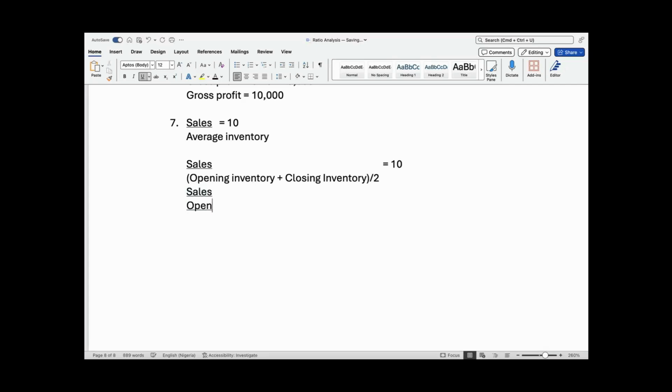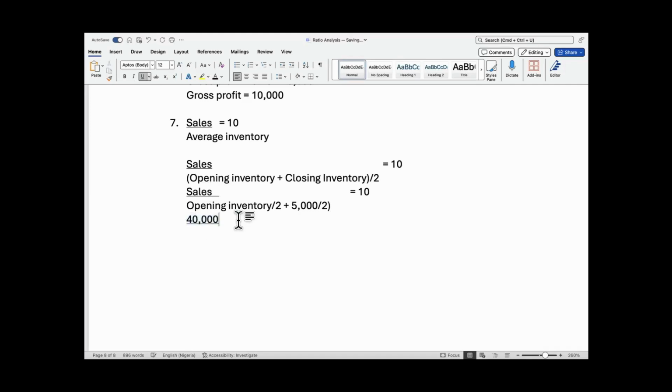And this can become opening inventory divided by 2 plus our closing inventory given us as 5,000 divided by 2. Let's see if that will be easier. Then this gives us 10, our sales being 40,000. I think these are a bit difficult.